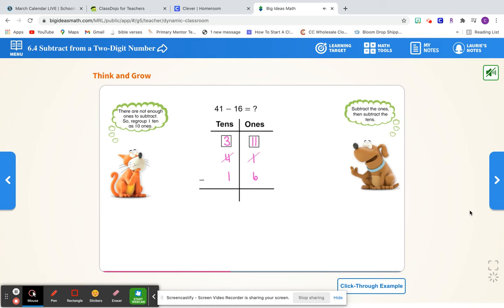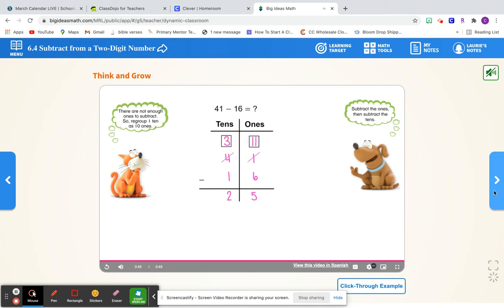Subtract the ones. 11 ones minus 6 ones equals 5 ones. Subtract the tens. 3 tens minus 1 ten equals 2 tens. 2 tens and 5 ones is 25. So 41 minus 16 equals 25.